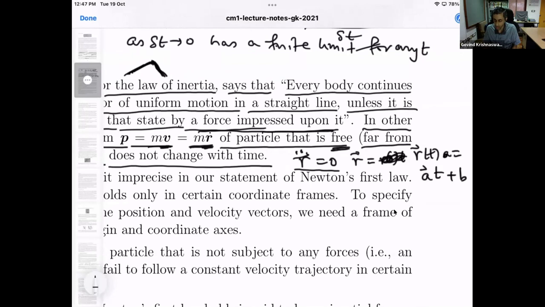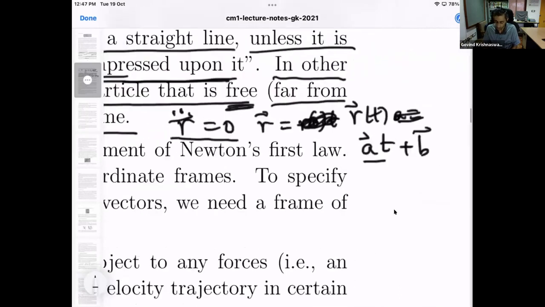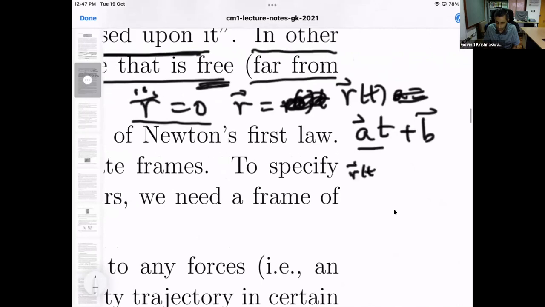And the solution of that condition is that r is equal to a t plus b for some pair of vectors a and b. I could write that in a better way: r of t is equal to v of 0 times t plus r of 0. A and b are interpreted as the initial velocity and the initial location. So this is then the equation for a straight line.